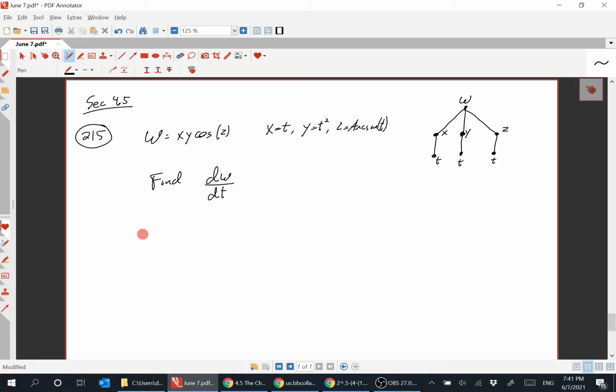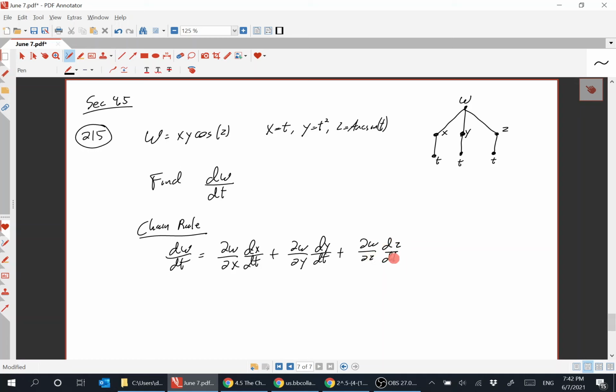So the chain rule says that dw/dt is partial w with respect to x times dx/dt, plus partial w with respect to y times dy/dt, plus partial w with respect to z times dz/dt.